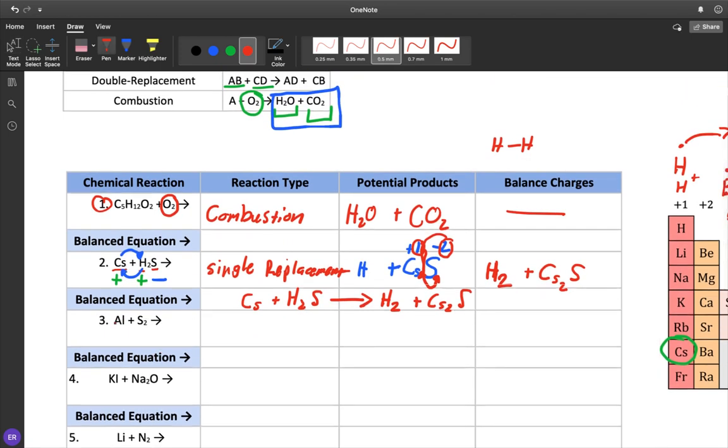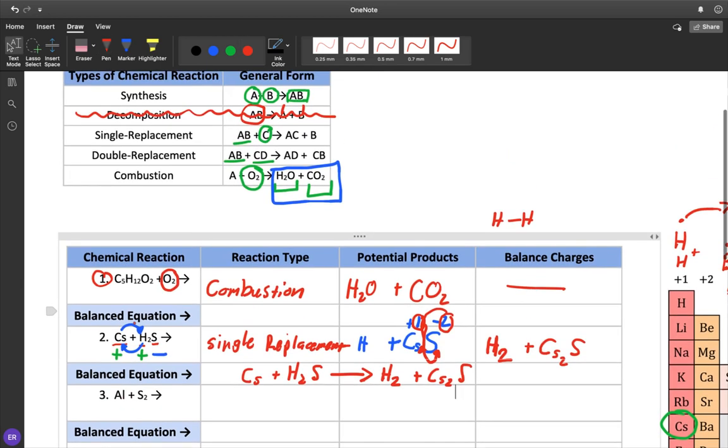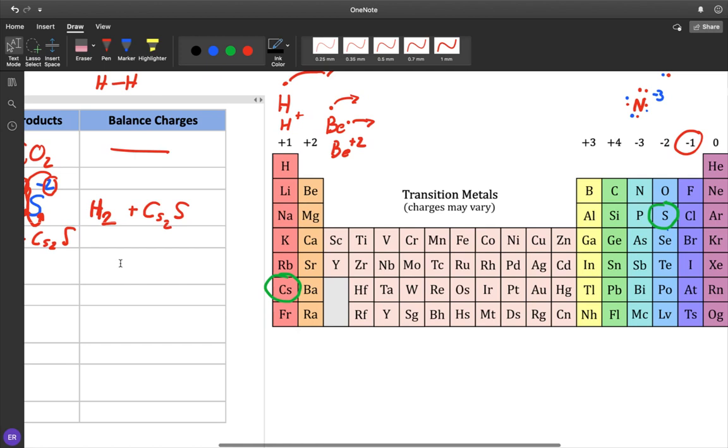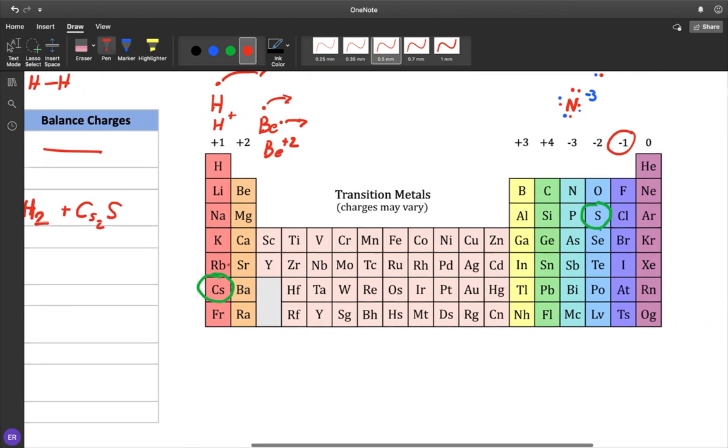First ask yourself, is this combustion? We don't see an O2, so it's not combustion. So we're going to go to the next one, synthesis. Do we have an element by itself plus an element by itself? Well, right here I have an A and a line. So oftentimes students think that this is I for iodine, but if we look at the periodic table, we don't really have an element A by itself, right?